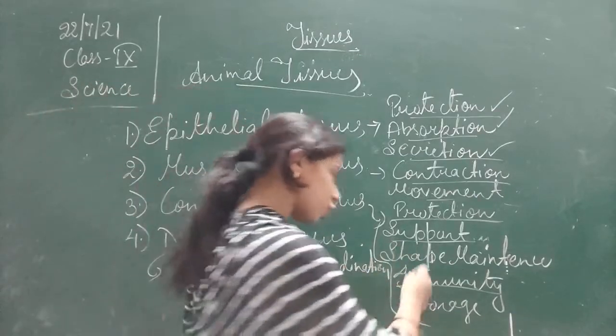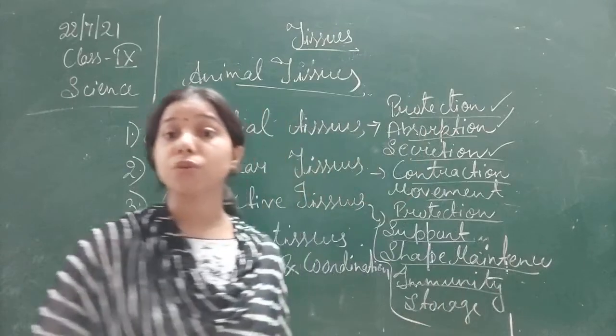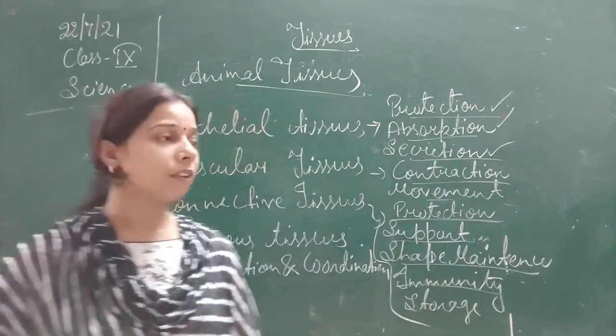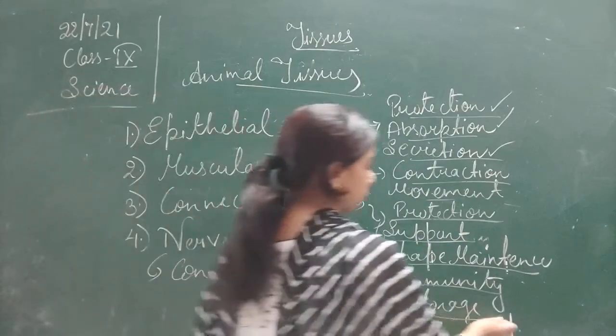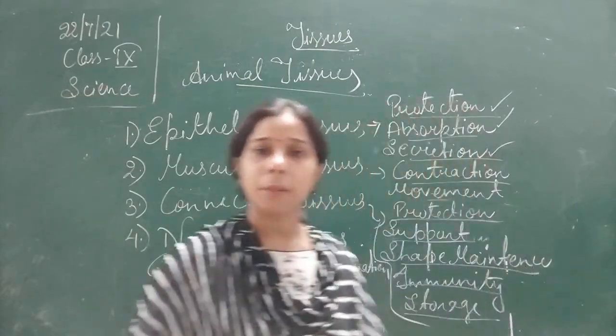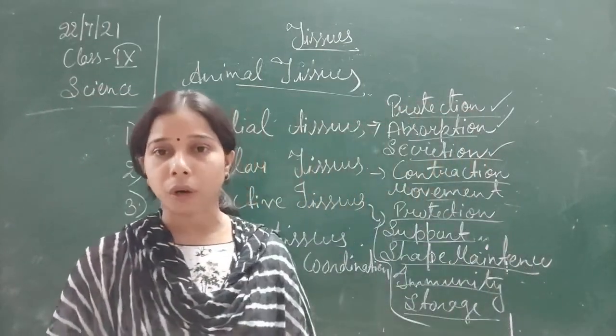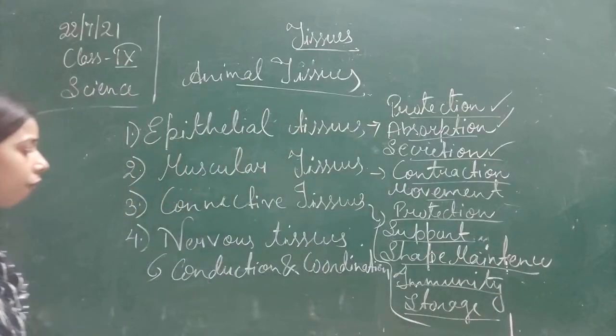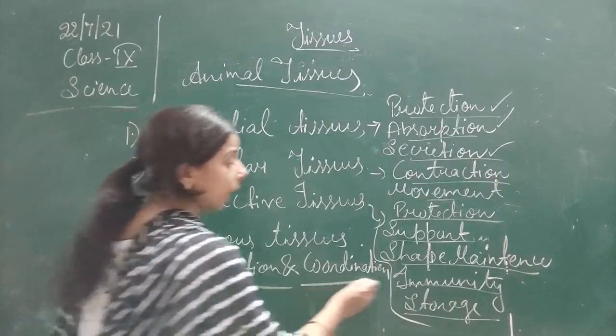So support, shape maintenance, obviously this is also a role of the bones, which is a part of connective tissues, and storage. You see, students, the kind of skeletal body you have, the shape of your body will be like that. In case of a nervous tissue, conduction and coordination.